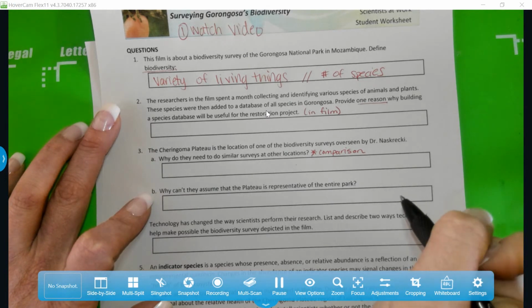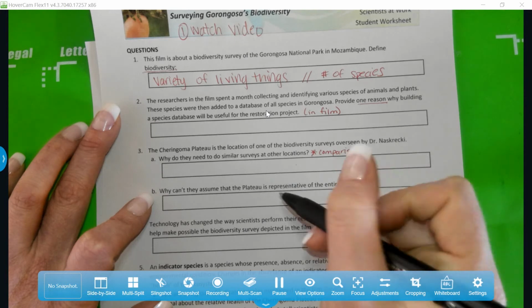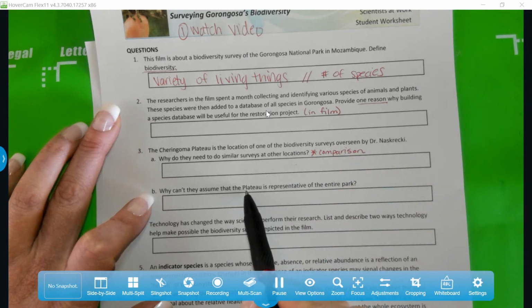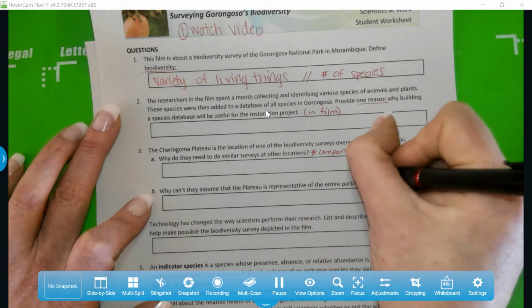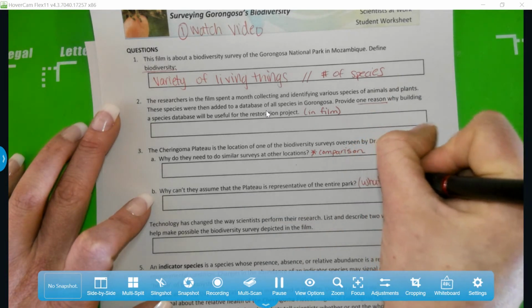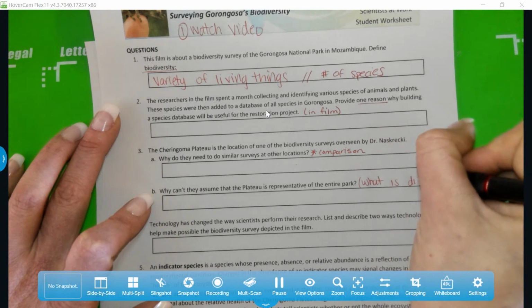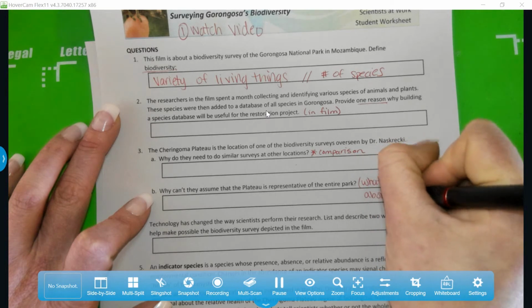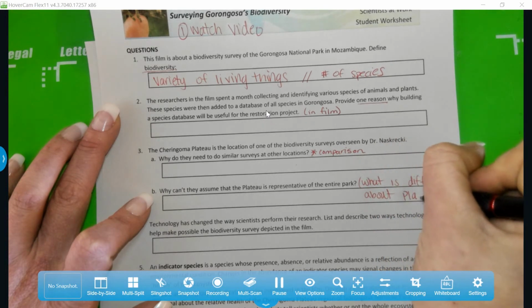And specifically, why can they not assume that the plateau is representative of the entire park, or what is different about the plateau compared to the rest of the park? That's the key thing. Here is what is different about the plateau. Again, listen to the video, it'll be in there.